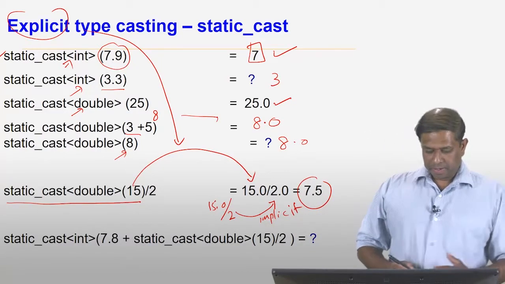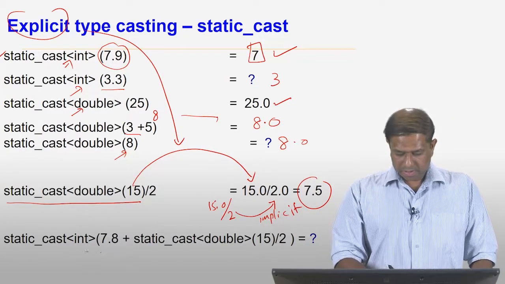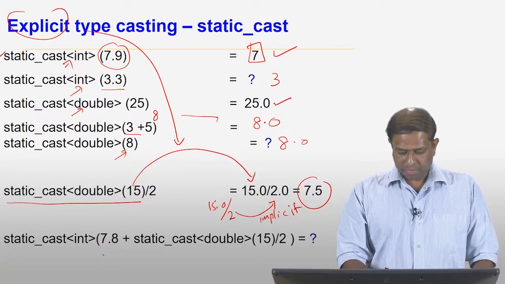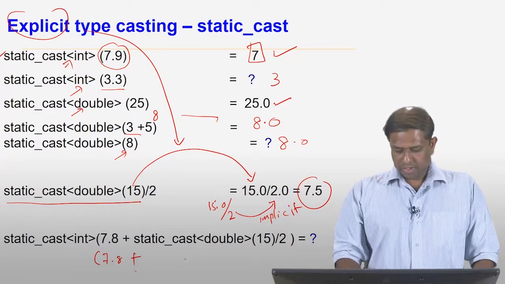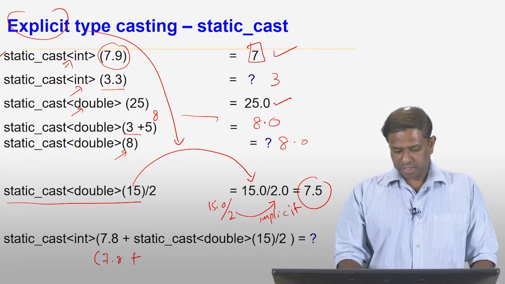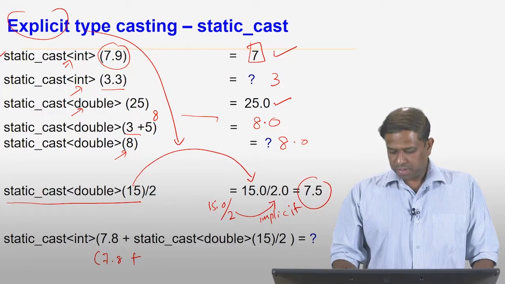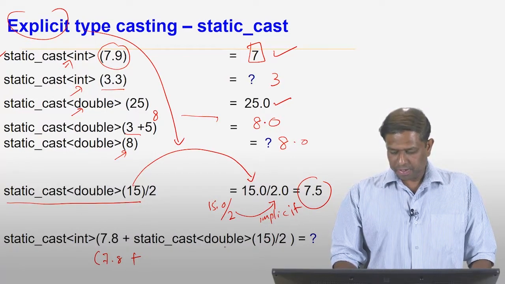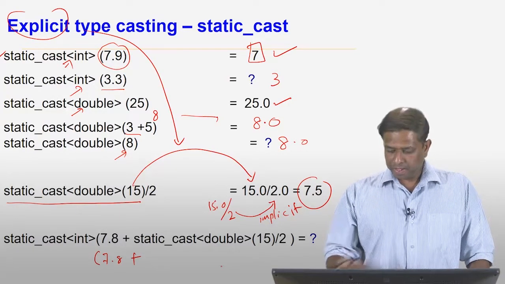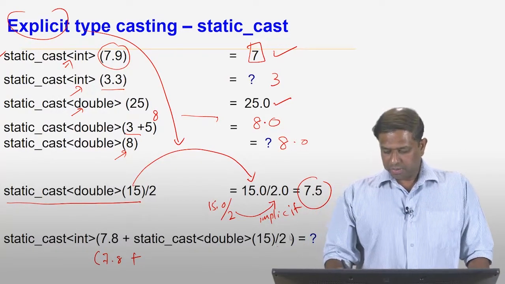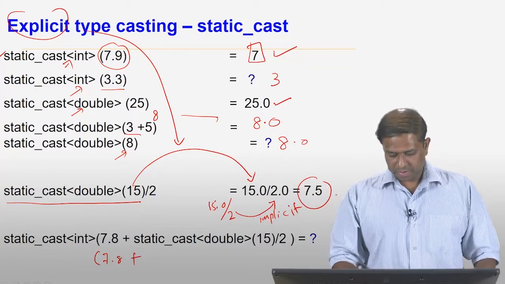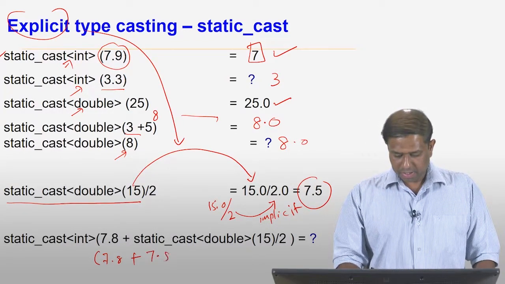Okay. Now if you go to the last expression, here we have 7.8, and we are going to typecast this result into a double value. When performing this operation, we know that 15 typecasted into 15.0, when divided by 2 is going to be 7.5. Then 7.8 add 7.5 to it.